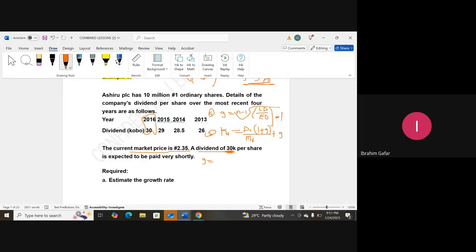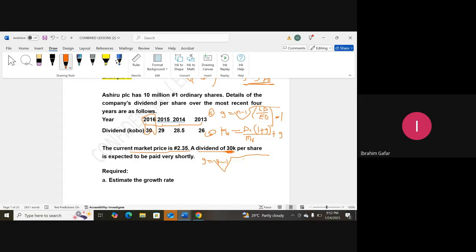Then if I want to go by growth, I will say 13 to 14, 1 year, 14 to 15, 2 years, 15 to 16, 3 years. If I go by the number of years given to me, I will say 4 years. Then by the time I remove one, I will still get 3.